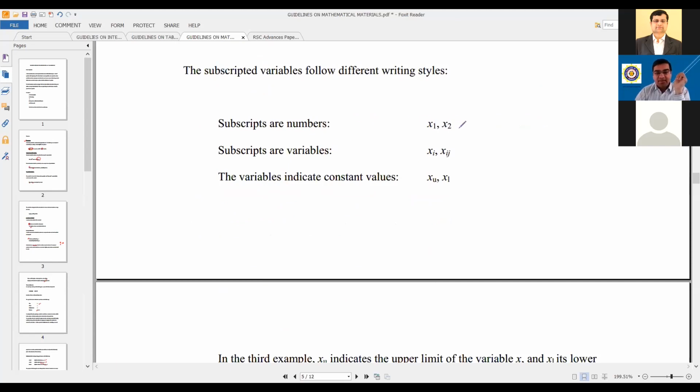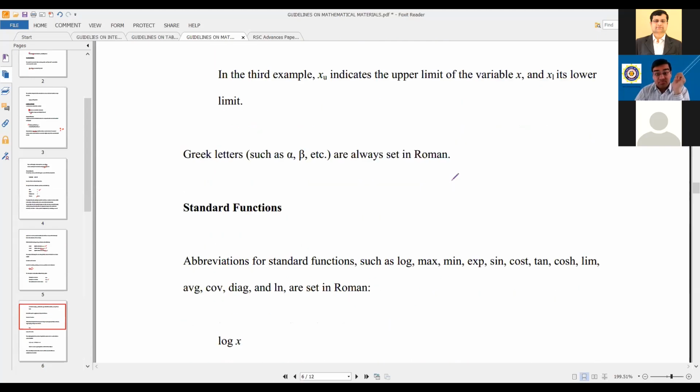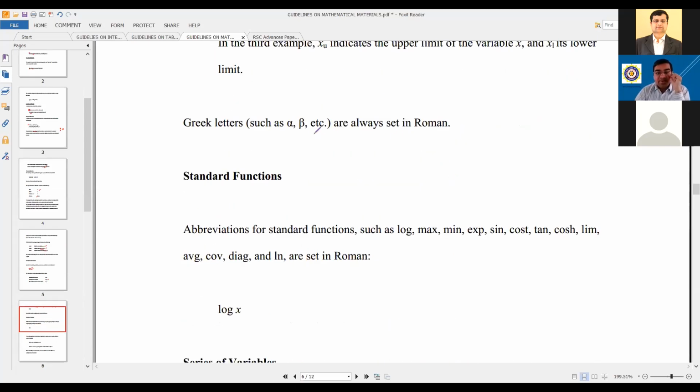Subscripts that are numbers are in Roman. Subscripts that are variables are in italics. The variable indicates a constant value. Greek letters such as alpha, beta are always set in Roman.